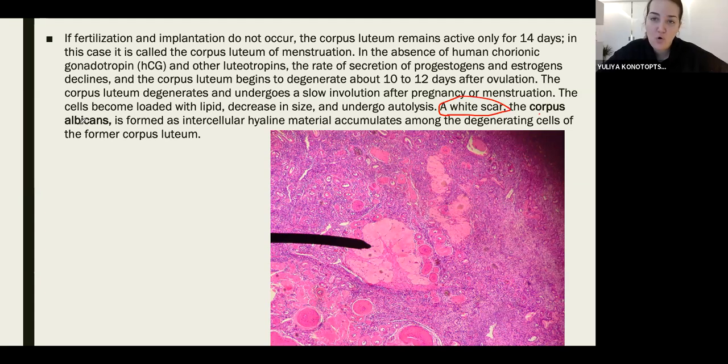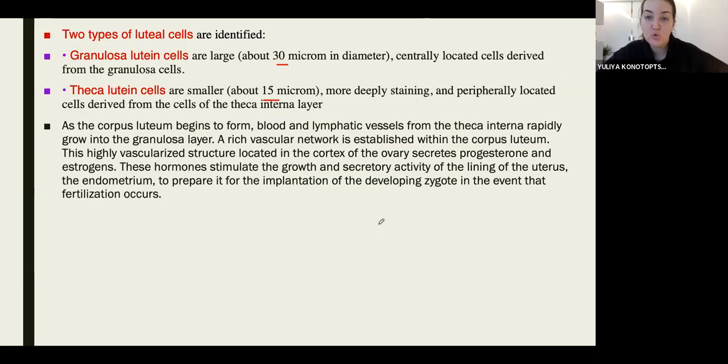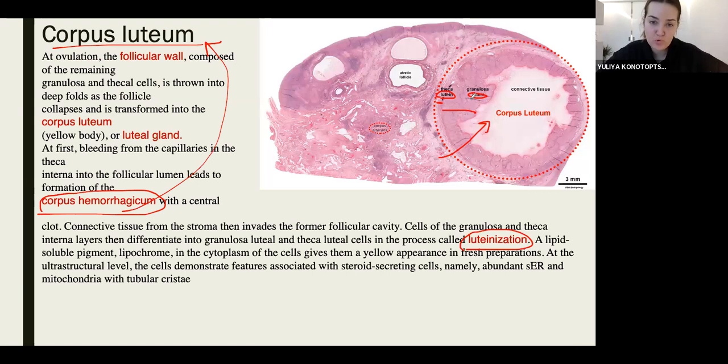So if there is no fertilization, eventually the LH surge comes to an end, right? And your lutein cells here in the corpus luteum, they need high LH to sustain, to make sure that they can live. But if there is no fertilization, LH is going down, and the embryo is not making HCG because there is no embryo.